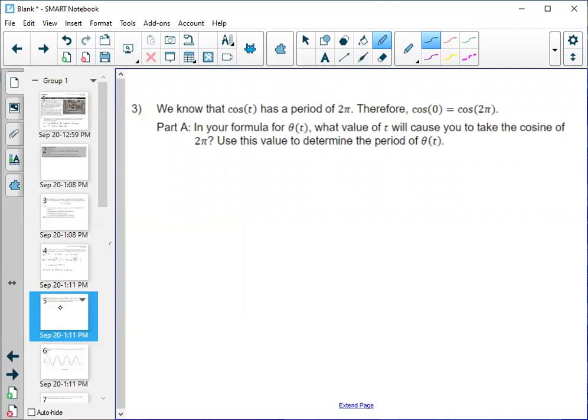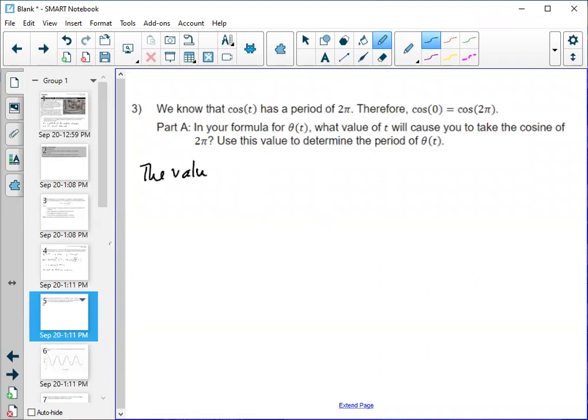We know that cosine of t has a period of 2 pi. Therefore, cosine of 0 equals the cosine of 2 pi. Part A, in your formula for theta of t, what value of t will cause you to take the cosine of 2 pi? Use this value to determine the period of theta of t. So let's think about this.